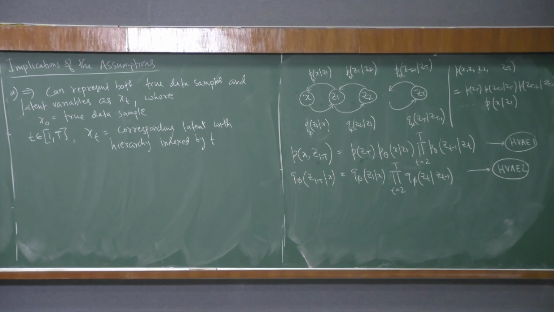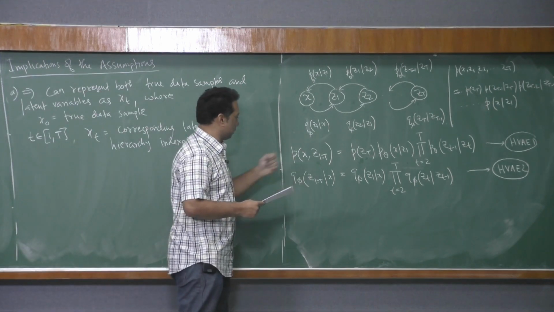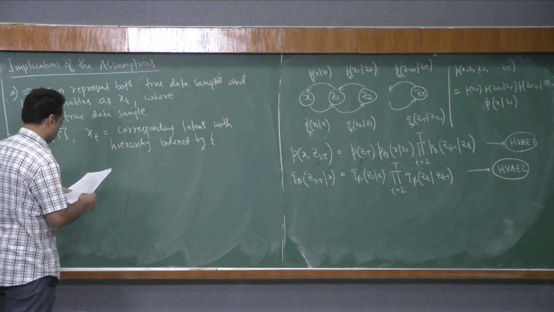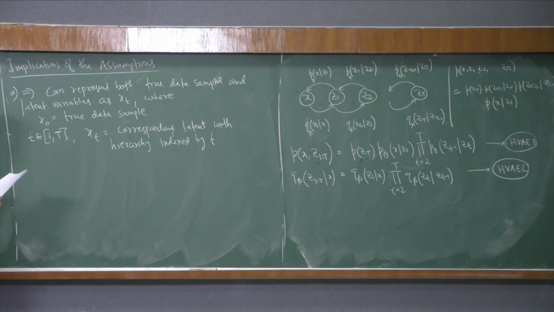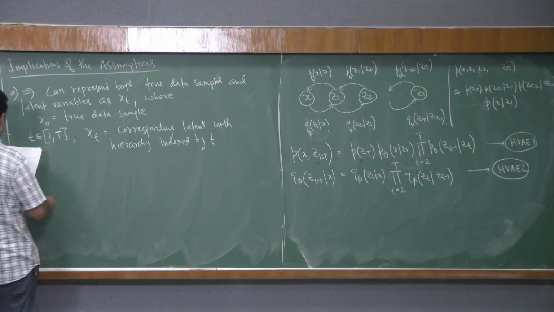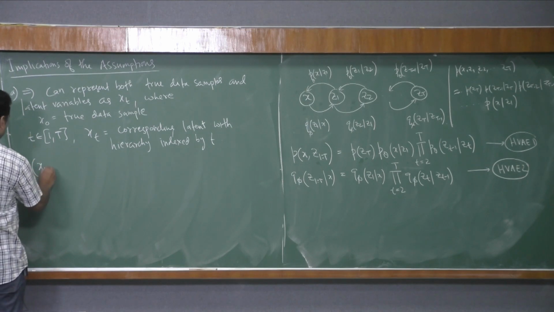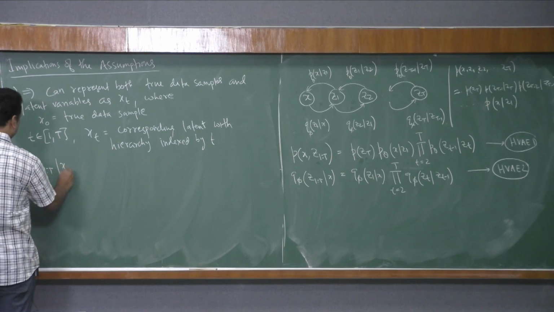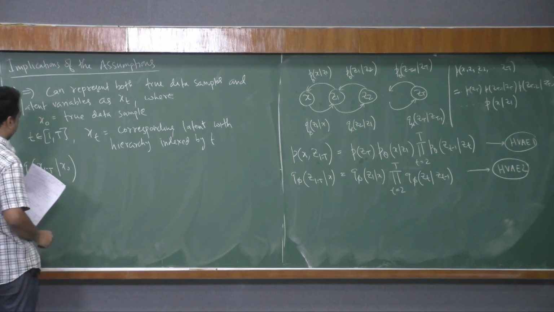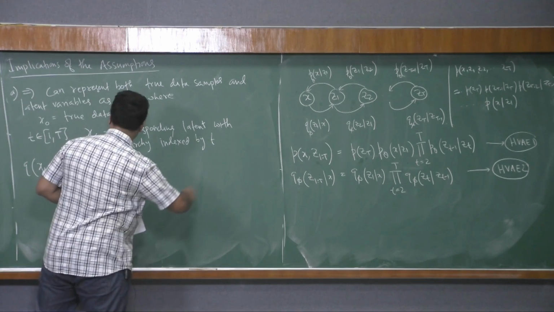So as I have pointed out, first of all, let us simplify these notations, because now z is replaced by x. With these notations, x1 to xT and x naught, basically z is replaced by x now.